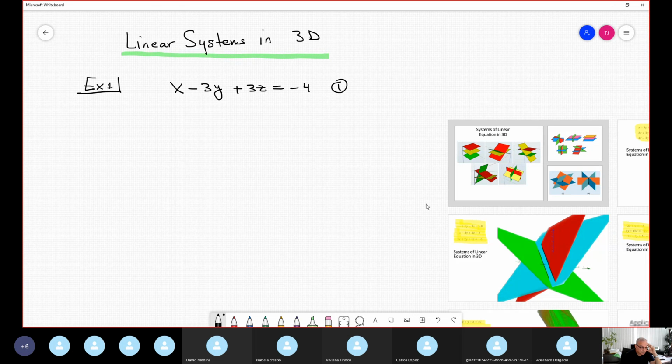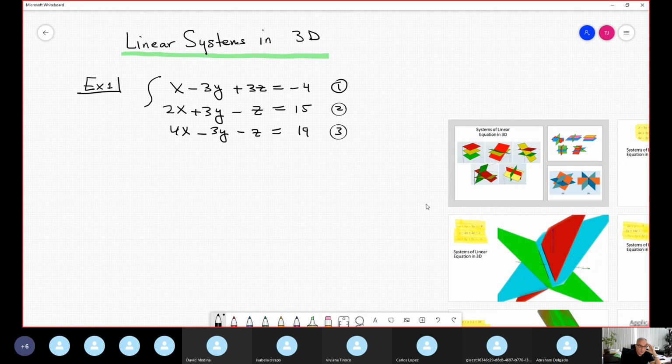Equation 1. 2x plus 3y minus z equal 15. Equation 2. And 4x minus 3y minus z equal 19. Equation 3.